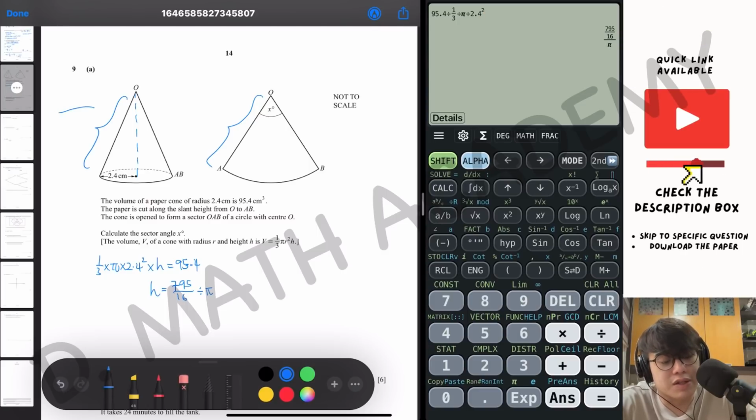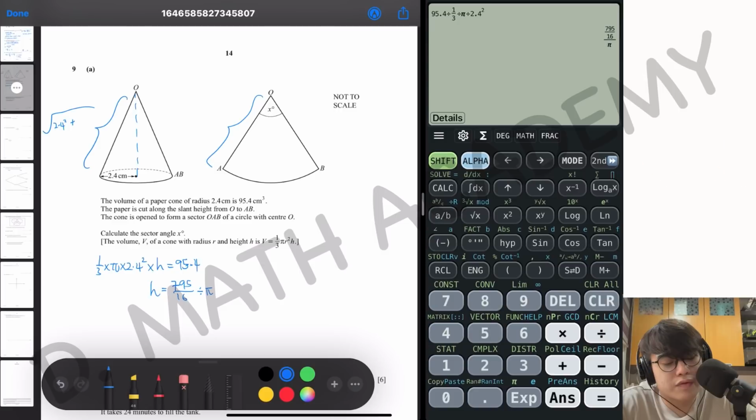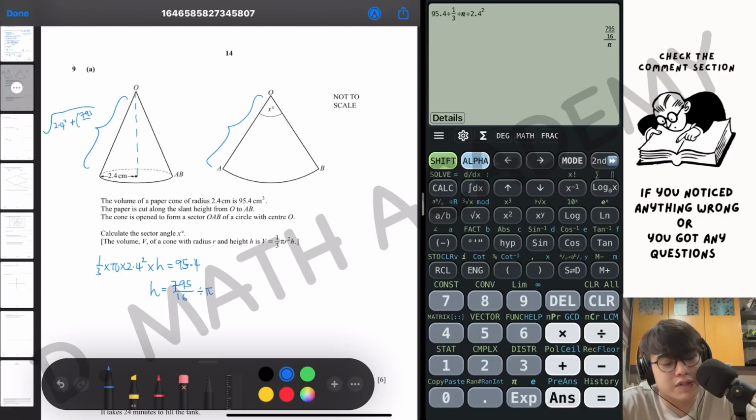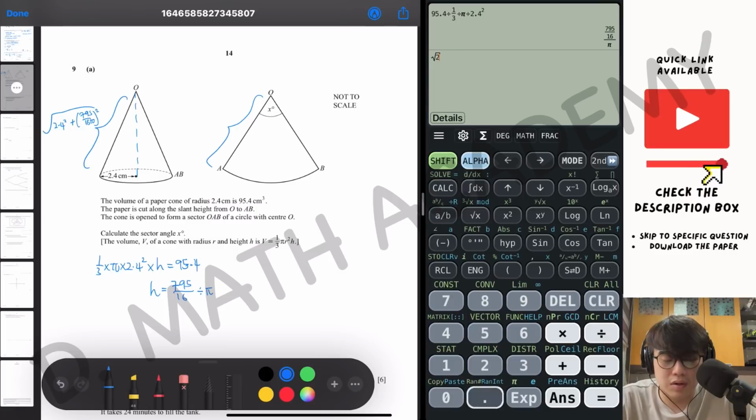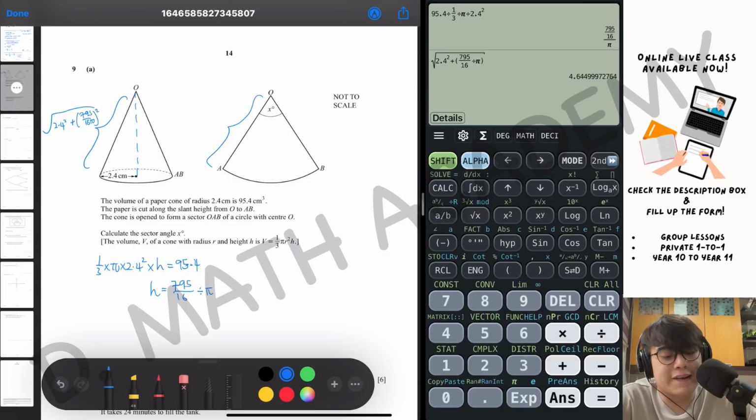Take your 2.4 and square it, and then add it to this 795 over 16 pi, and then square root. So your radius here should be 4.64.